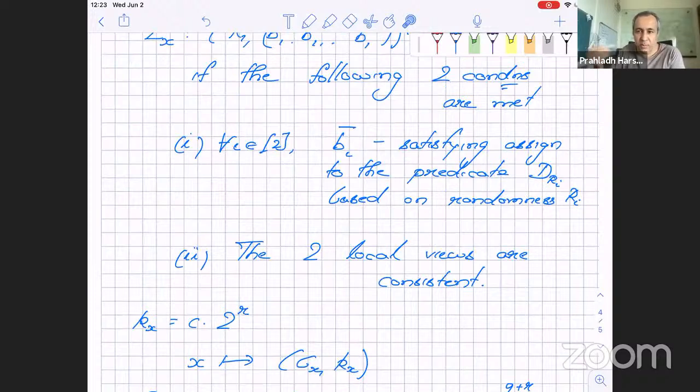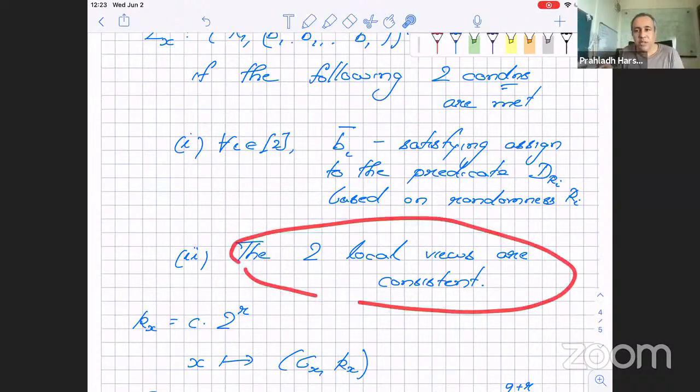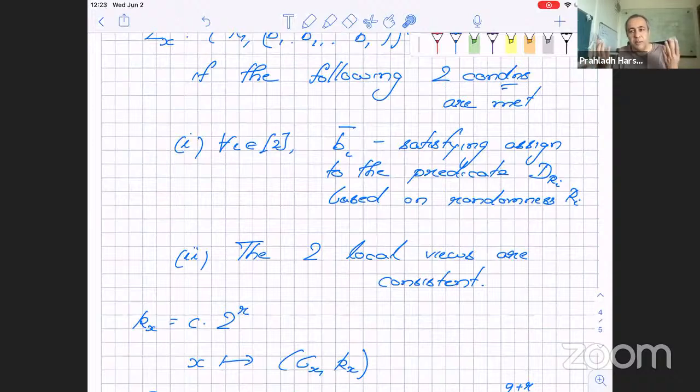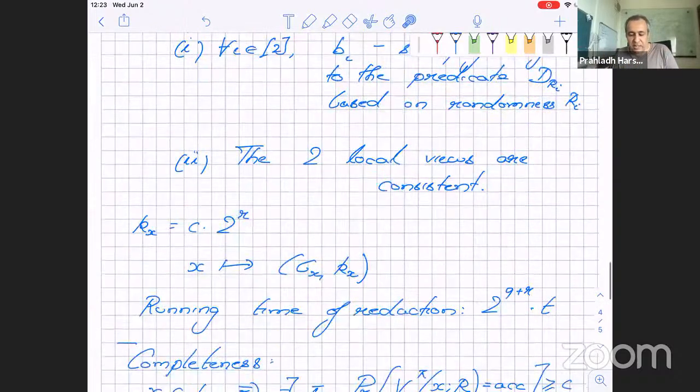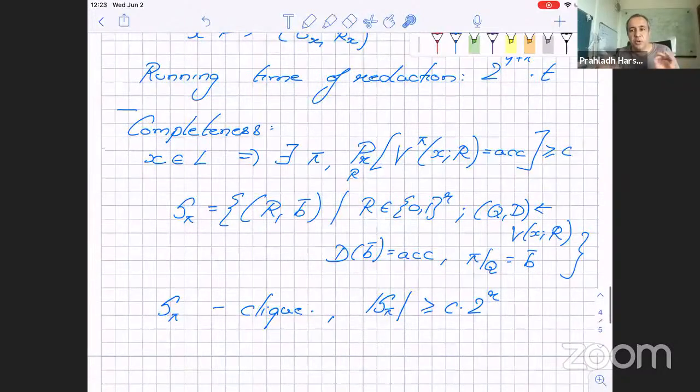So condition 1 is satisfied. Both the endpoints satisfy the corresponding randomness. Now the question is, are they consistent with each other? They are both coming from the same global proof. Therefore, they are obviously consistent. They can't be inconsistent. They are both restrictions of the same global object. Therefore, between every pair of such vertices in this set S pi that I have defined, there is an edge between them.